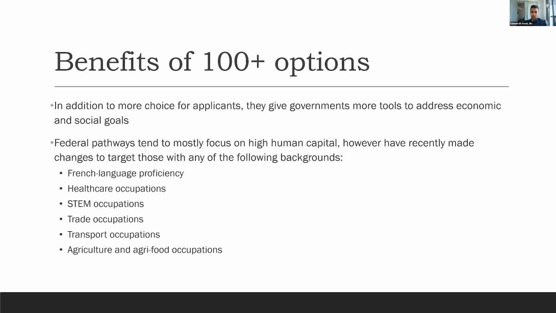Previously, it was more binary in the sense that there were fewer programs available. And so if you didn't meet the requirements of the handful of programs, you were pretty much shut out. Now we have so many doors available, which allows us to welcome people with more diverse backgrounds.